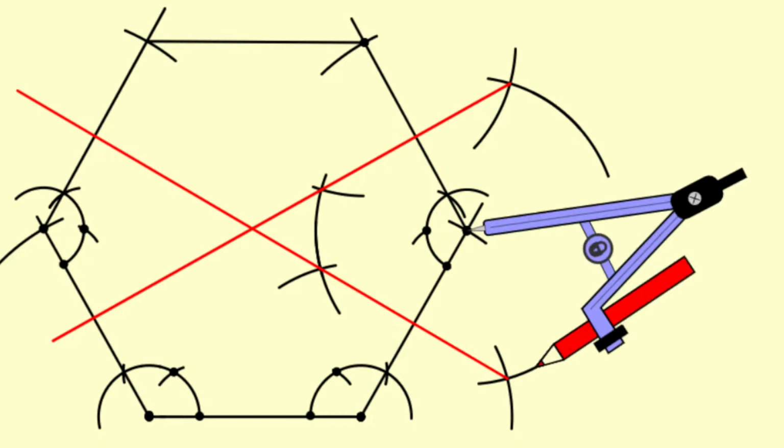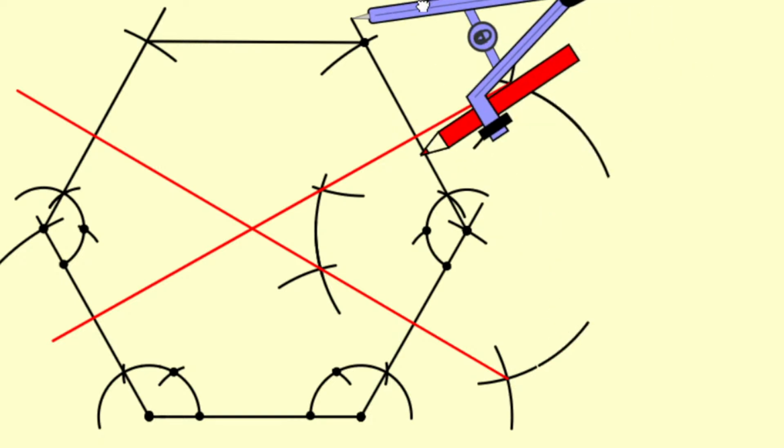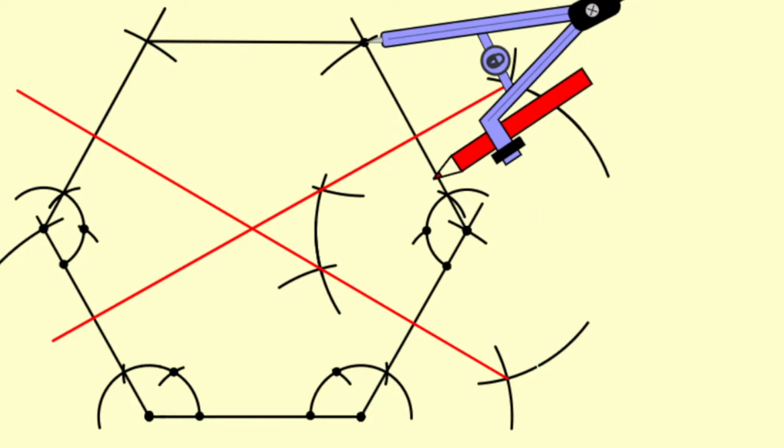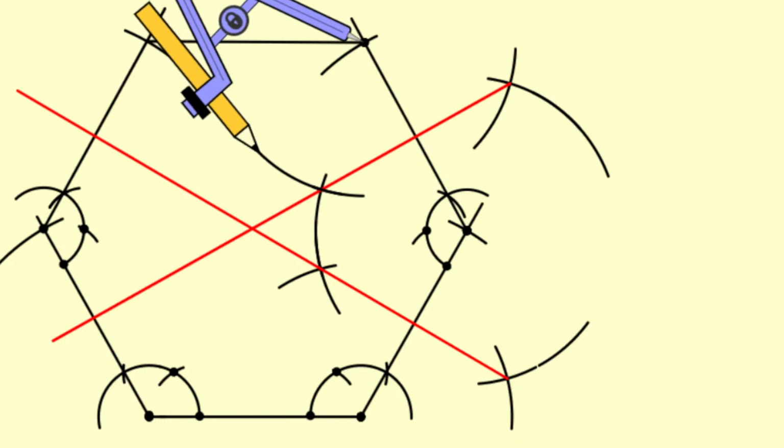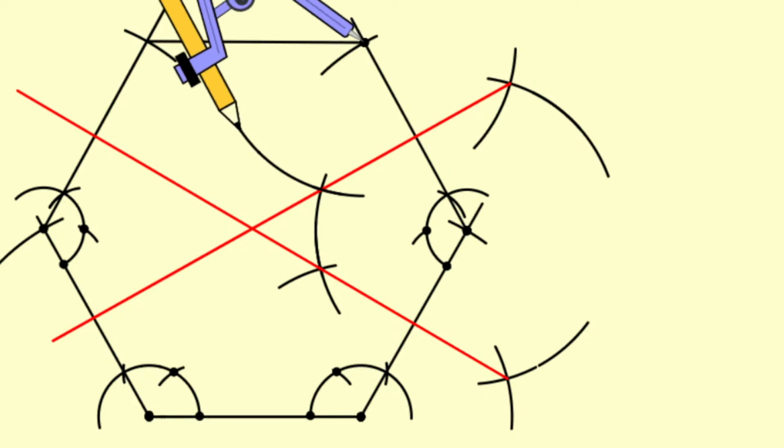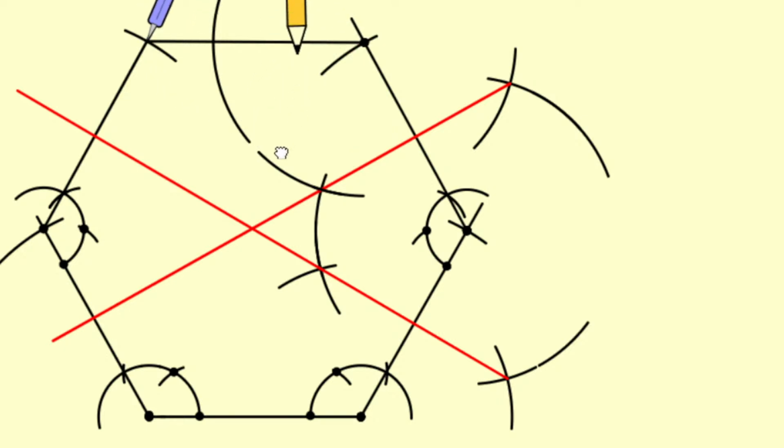So I'm just going to take the upper side now. So this side. One arc up, one arc down. It might not be visible, because my upper side is not visible, so I'll just draw it. And from the other endpoint also, one arc up and one arc down.